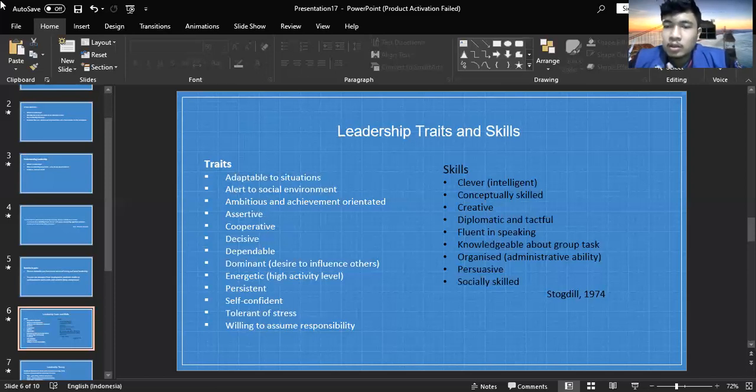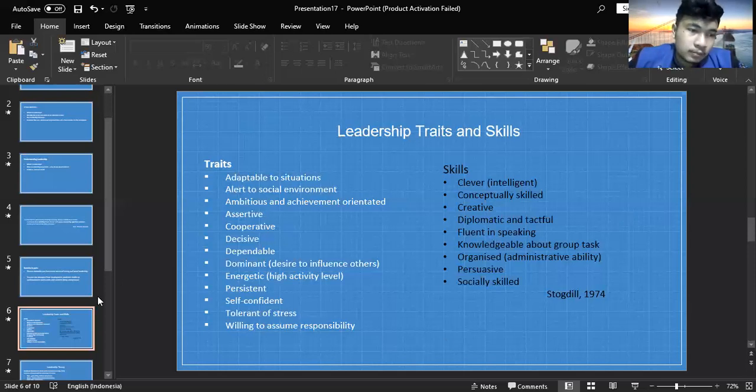You must be knowledgeable about group tasks. You must know your tasks, know the goals of your team, and have organizational or administrative ability, and you must be persuasive and socially skilled. To be a leader, you must have those skills.